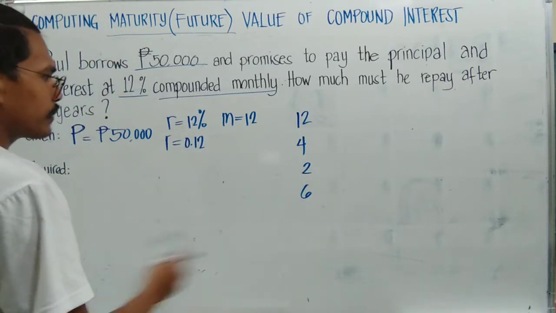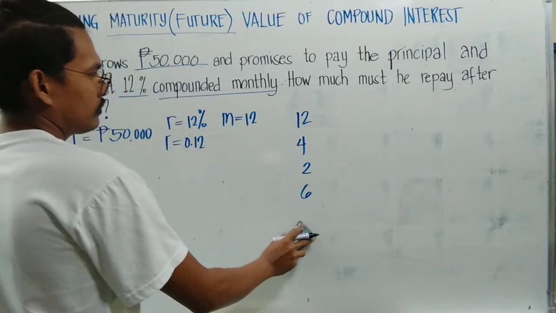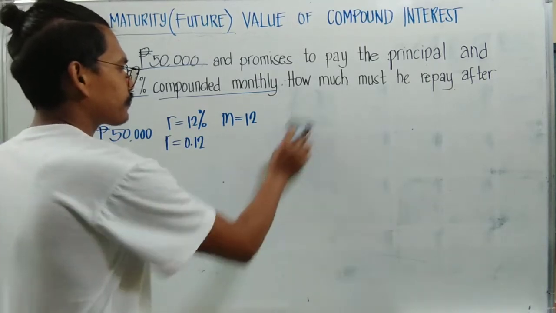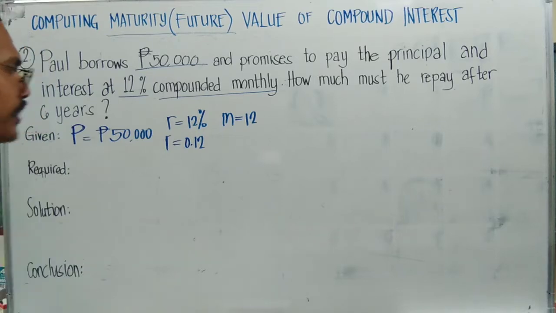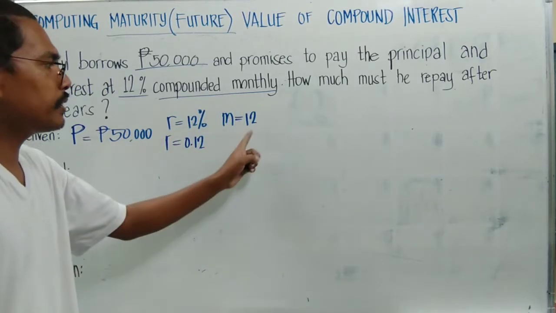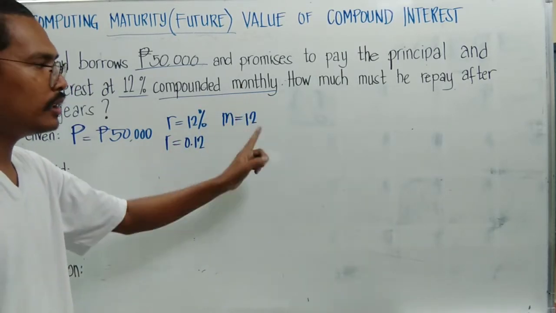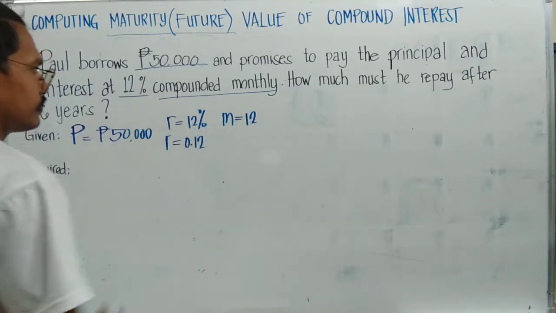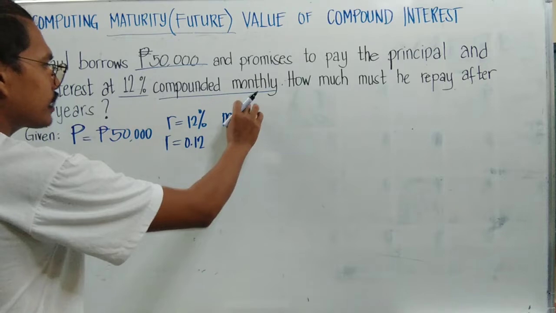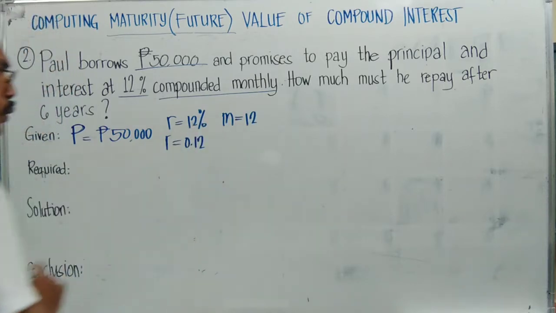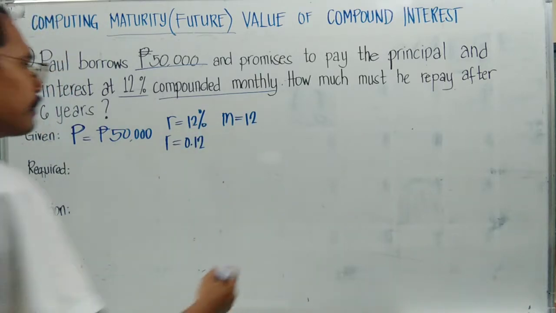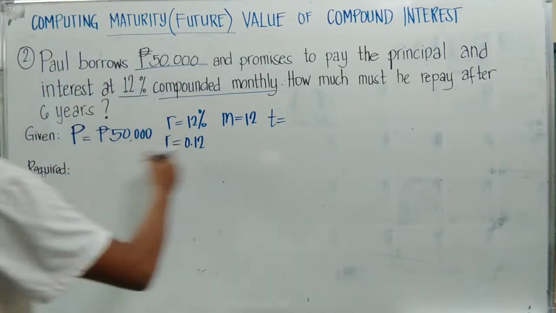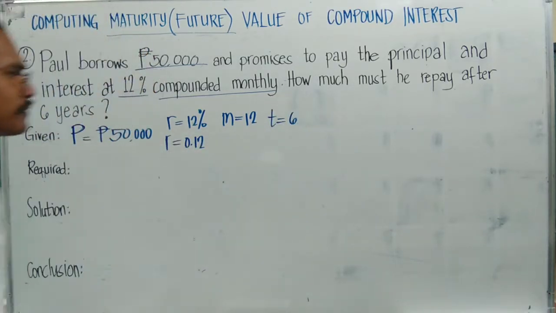So just review your video on how to get the values of M. So if it is quarterly, it will be 4, semi-annually 2, annually 1. So because it is compounded monthly, M is equal to 12. And we have time T equals 6 years.